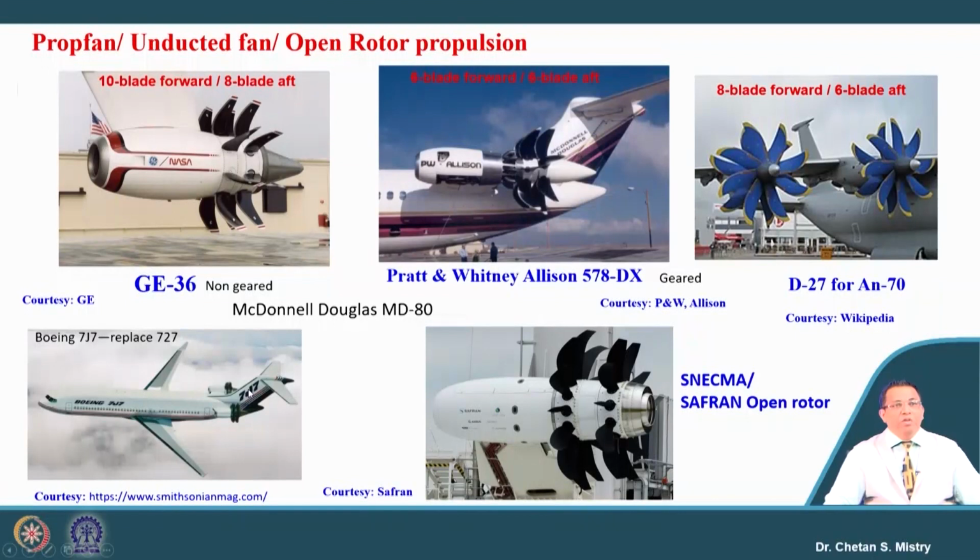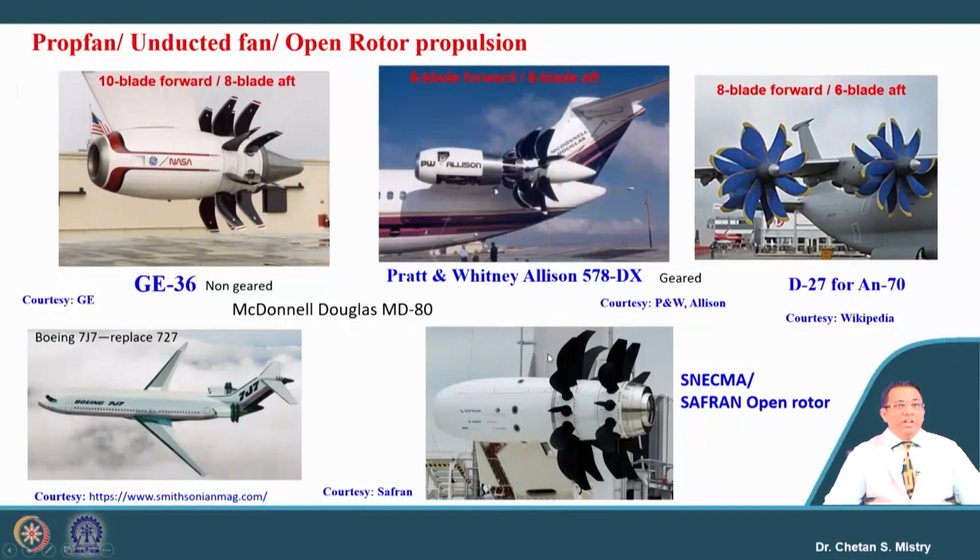Now, in collaboration with GE, Safran was working on the development of different kinds of engine configuration, as we have discussed. One of them is the CFM56, and during that time they developed the best engine configuration. Later on, based on the information available from GE36, they started working on open rotors.